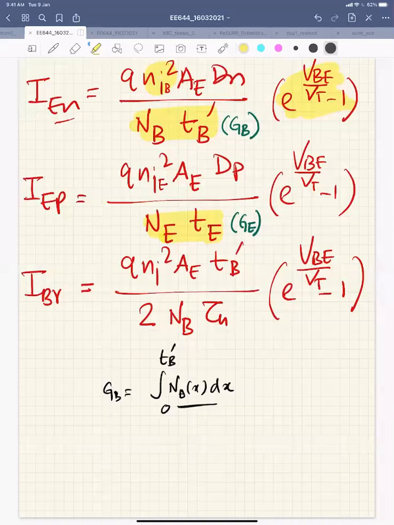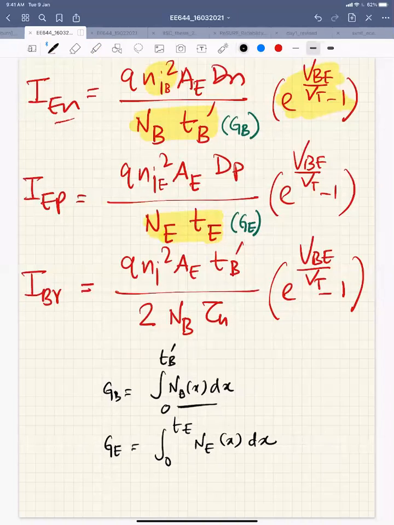The Gummel number for the emitter is nothing but the integral from 0 to TE of NE(x) dx. If you know how the doping varies, you could find the Gummel number for the emitter and the base.